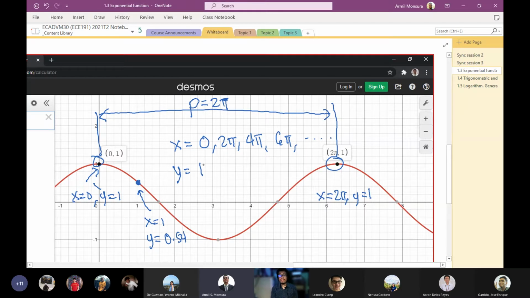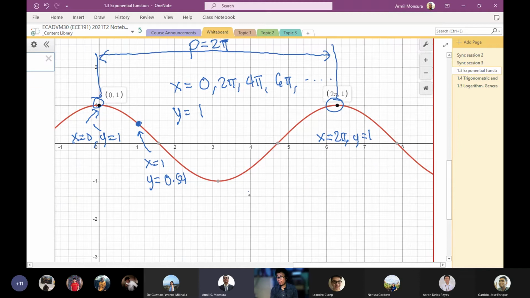And that periodicity should be consistent with all of the points. So that means that if I actually add 2 pi to this initial value, what is the value of 1 plus 2 pi? Paki-compute nga yung approximate value nito.